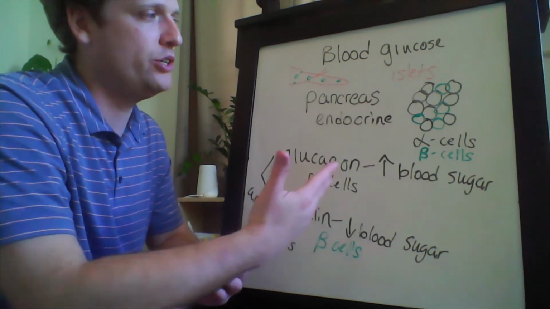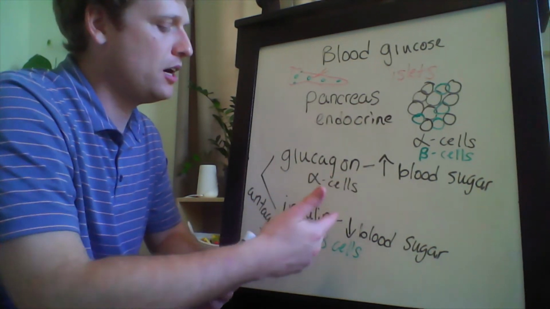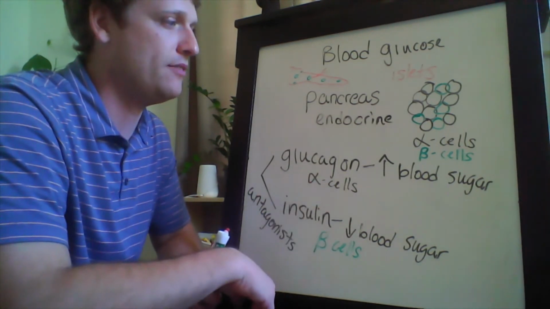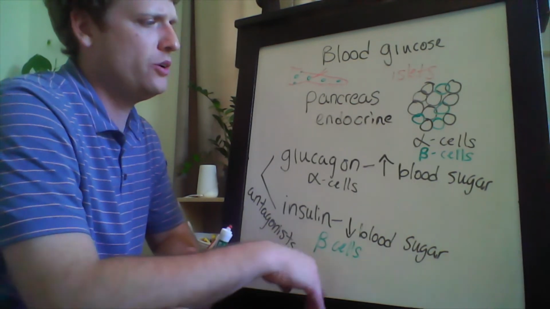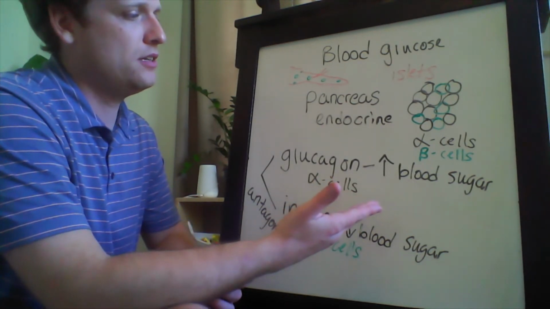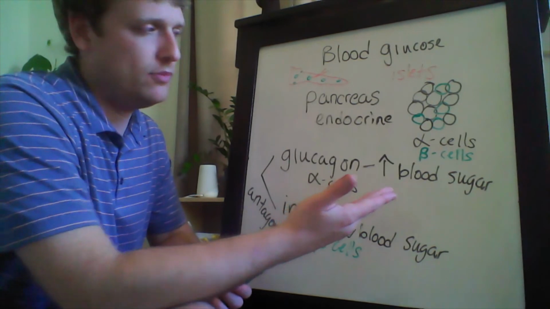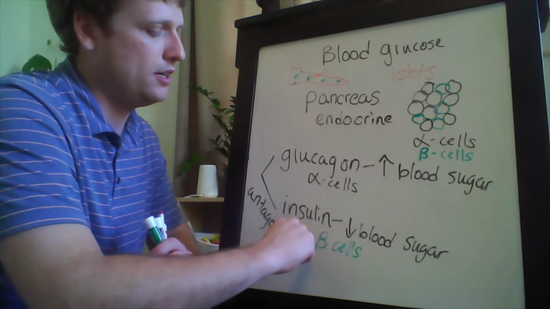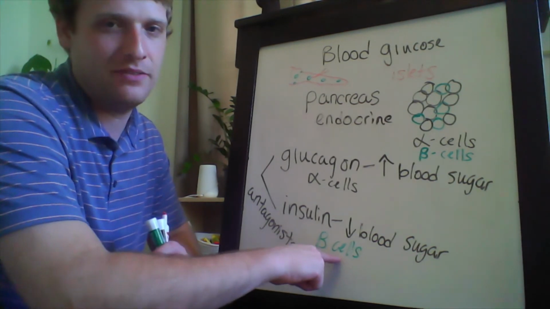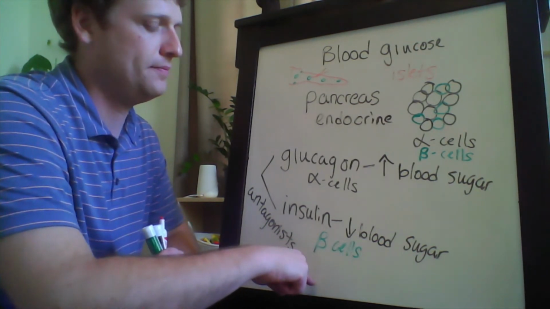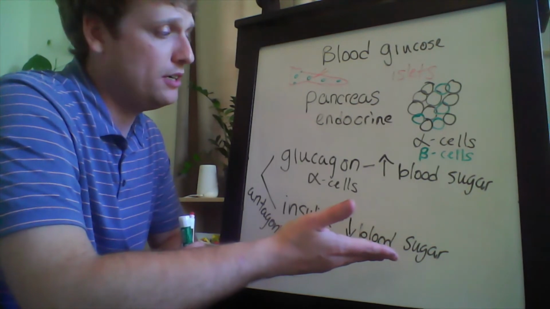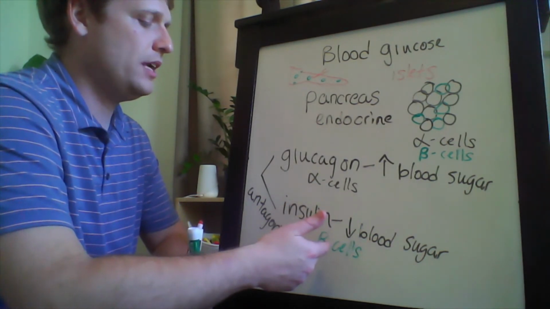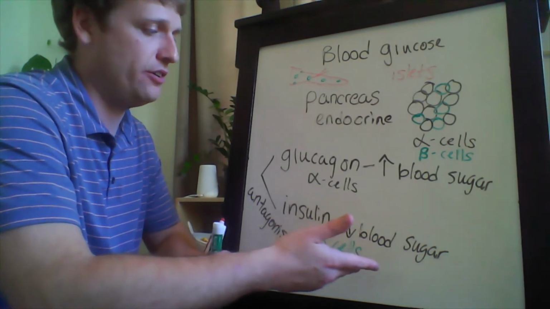They're producing glucagon or insulin in response to their measurement of blood glucose levels. So if blood glucose is too low, these cells are going to favor production of glucagon. So the beta cells will be less active, making less insulin. Now if your blood sugar is too high, then insulin production is going to be favored.